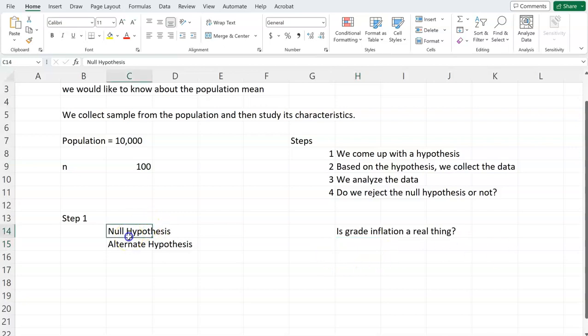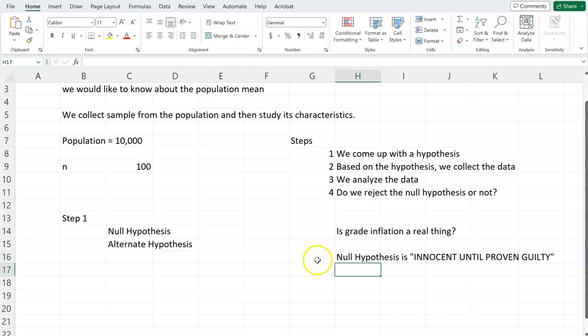The null hypothesis is usually just like when we put someone on trial. The null hypothesis is basically the statement that is innocent or null. If you think about it, you're innocent until you're proven guilty.